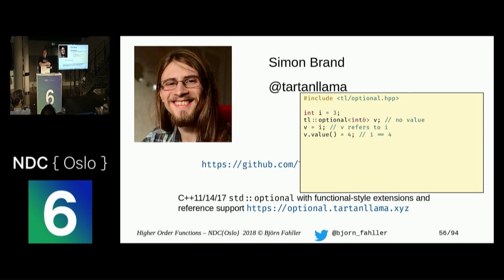And if I say v.value() equals something, then I'm actually assigning to the thing that v refers to. But if I have a new variable j and I say v equals j, then I'm rebinding the optional to refer to j instead of to i. So i continues to be 4.